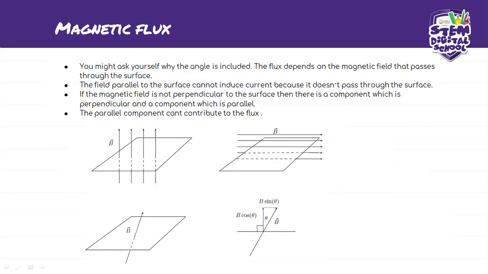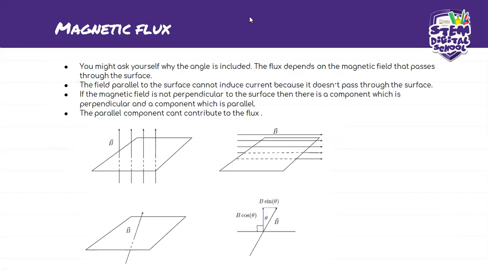So you might ask yourself why the angle is included. The flux depends on the magnetic field that passes through the surface. So the field parallel to the surface cannot induce current because it does not pass through the surface.